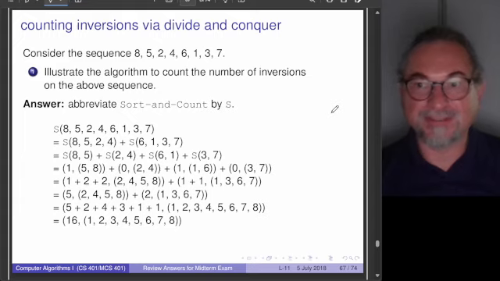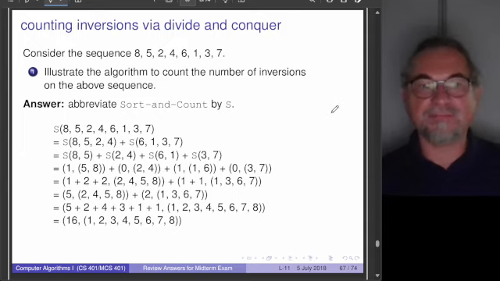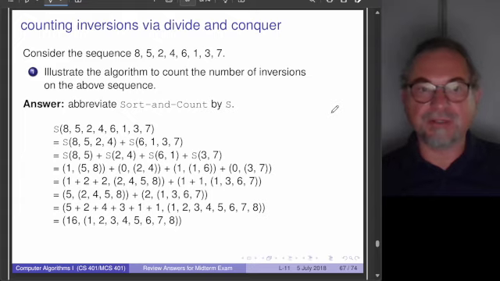Well, merge sort is again a very fast algorithm. On 8 numbers, you have to cut 3 times in half. Each time you sort the base cases. So you remember the number of swaps you did. So 8, 5, there is a swap. 2, 4, no swap. 1, 6, 6, 1, there was a swap. 3, 7, no swap.